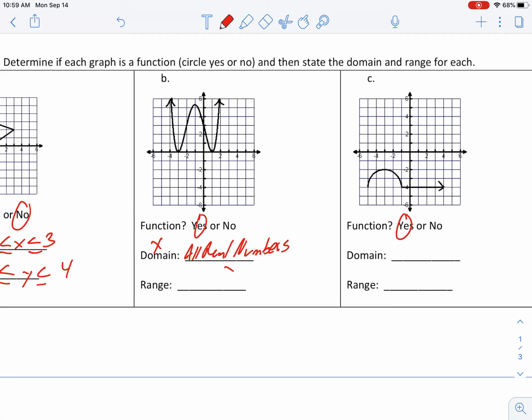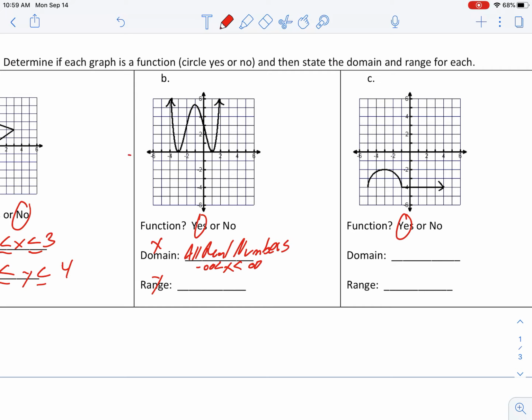Another way you can write this that you will also see is from negative infinity to positive infinity. Infinity never gets an equal to underneath of it because infinity does not stop. When you put an equal to there, it's like you hit a wall, but we didn't. Those arrows told me to continue to open out.